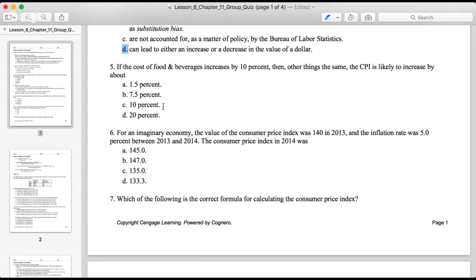That's what I guessed, because the price of the basket for the base year, which is what you need to divide by to get the CPI, would be a constant apparently, so it wouldn't change. It's not raising because it says the other things the same. Cody also got C on 5, so we'll go with C on number 5 then.